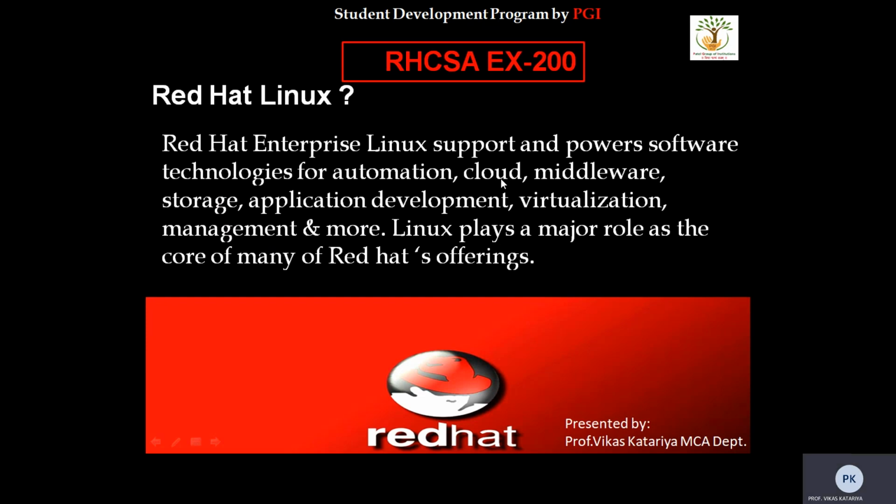Cloud-based applications can also be designed with Red Hat Linux, as well as middleware software, storage, and application development. So many applications based on specific purposes, Android mobile or desktop applications, can be developed by using Red Hat Linux.